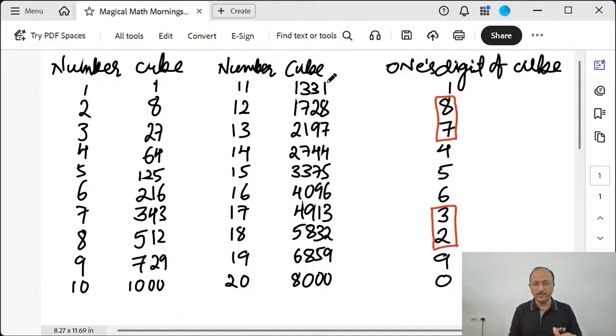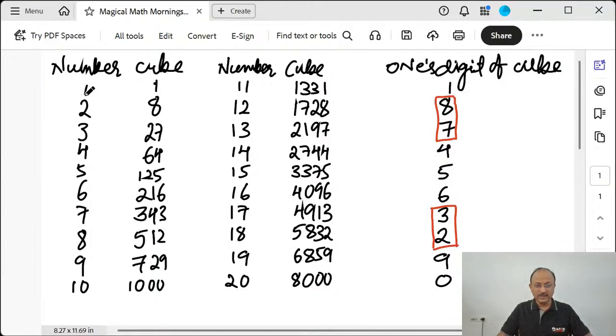It's very easy to remember 11, 15 and 20. Even 16 cube is 4096; if you know the trick of 2 to the power of something, it's also very easy to remember. Others, hardly we have 5, 6 numbers. Can't we find them? Can't we remember them? Yes, definitely yes.